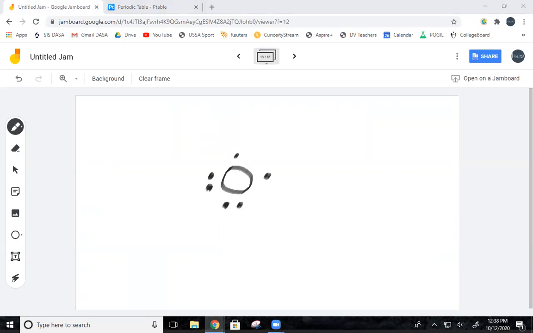Lewis dot structure is a representation of the valence shell of a given atom, right? This is very helpful for understanding the structure of molecules, but also what they're likely to bond to.